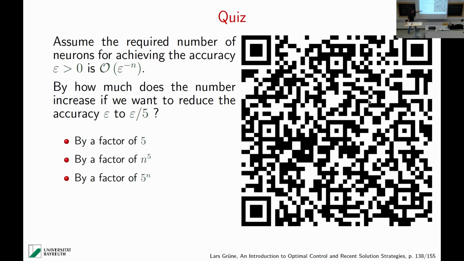Because if n is large, and say 10 would already be large, then 5 to the power of 10 is about 10 to the 7, a little bit less, but not much. While n to the power of 5 is obviously 10 to the power of 5, which is 2 orders of magnitude smaller. And the larger n becomes, this grows much, much bigger than that. Effectively, we still have exponential growth. So for general functions, we do not gain anything by neural networks. That's the message.